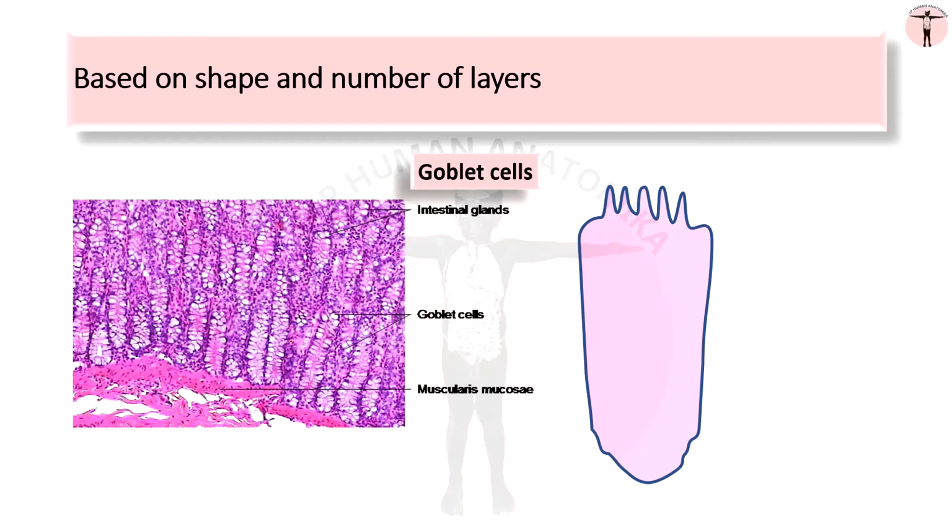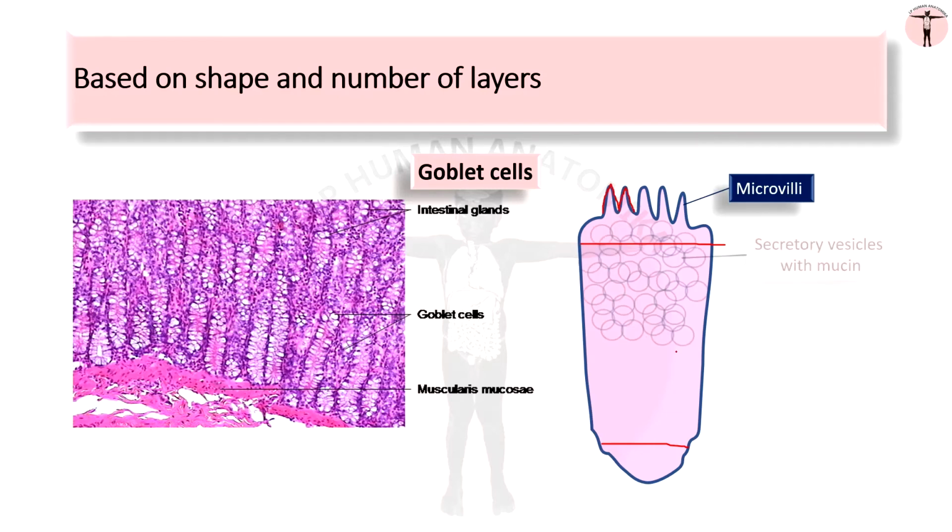But wherever you see columnar cells, they are associated with goblet cells. Each goblet cell has a broad apical portion and a small basal portion. The apical surface has surface projections, that is, the microvilli.